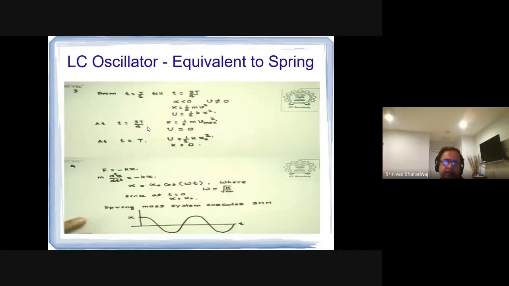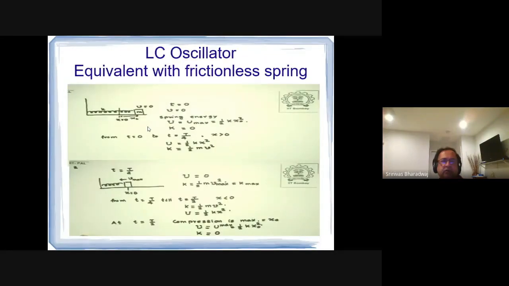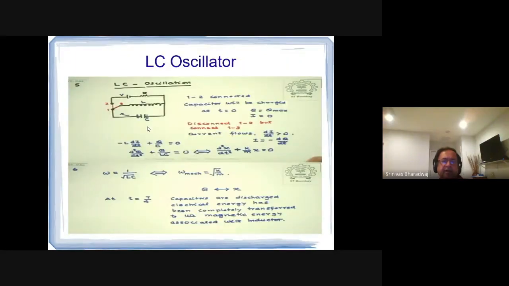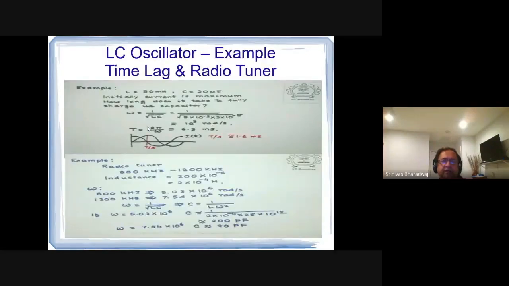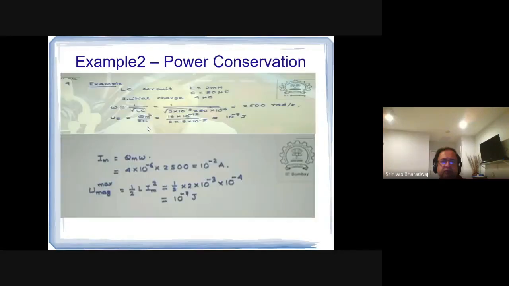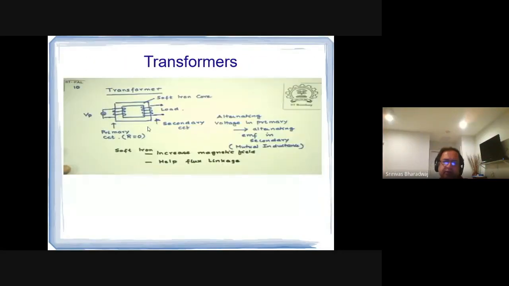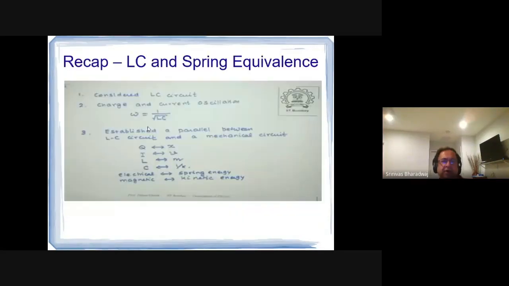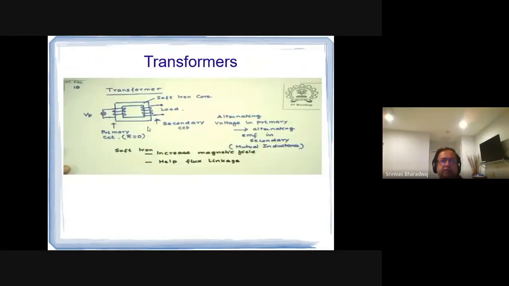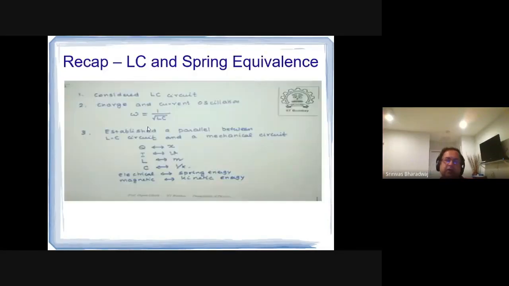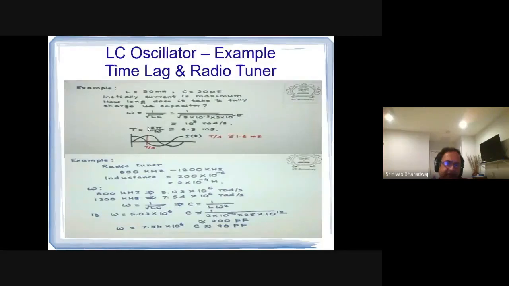Okay, and then in terms of understanding the ideas around maybe oscillators, because these are all reused, time lag and radio tuner, power conservation, etc. But before we go on to transformers, okay, so power conservation and then finally transformers. All this we will deal with next time.